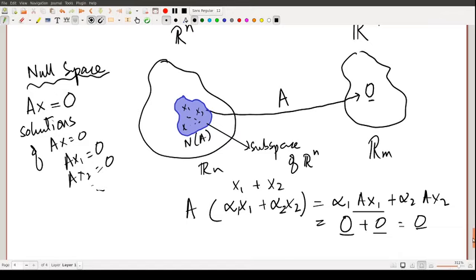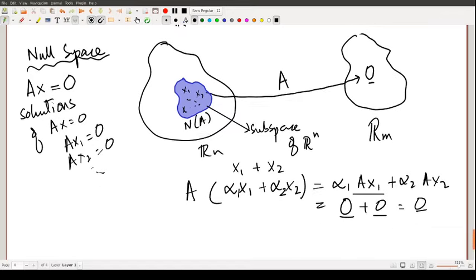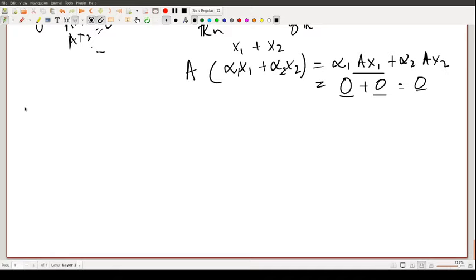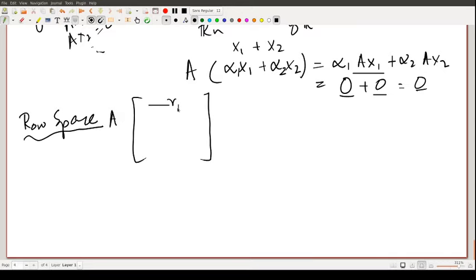Okay, let's look at some other spaces. Let's look at the row space. What's the row space? Again, write the matrix A as rows R1 dot dot dot Rm.